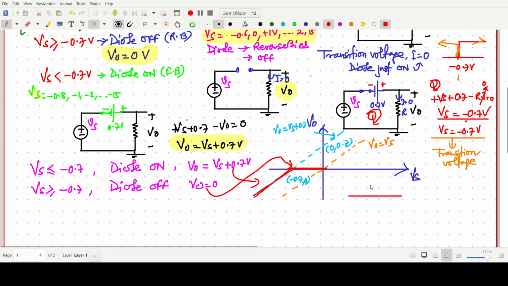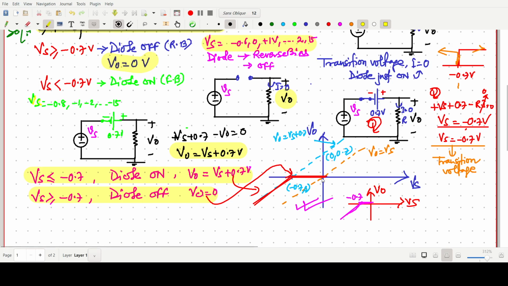So the overall characteristic for V naught and Vs looks somewhat like this. This is minus 0.7. Very simple, but you have to plot it and go through this observation for this curve, and draw V naught versus Vs. So this is the first part, the sketch of the transfer characteristic.